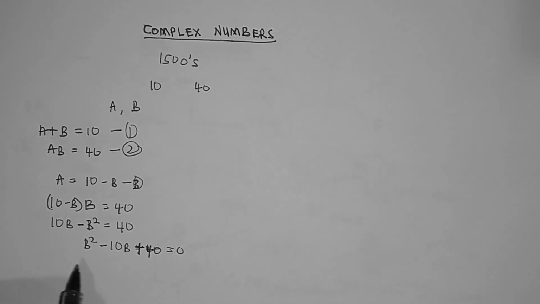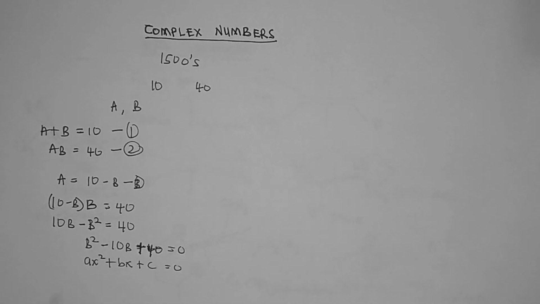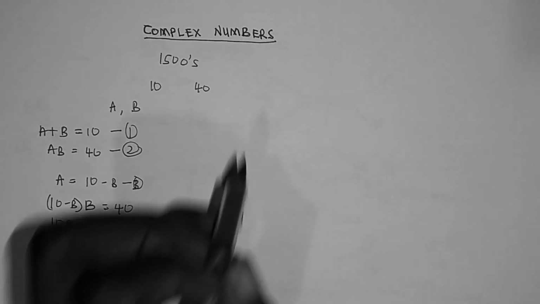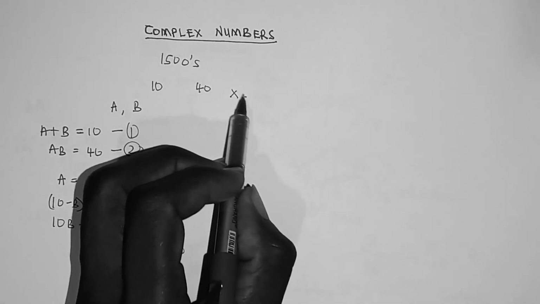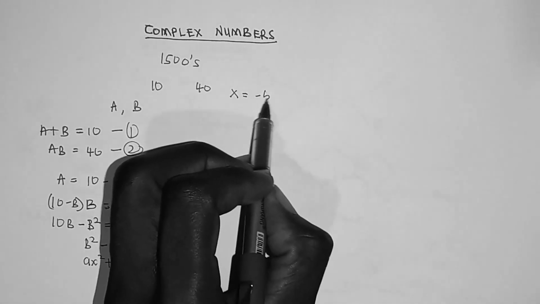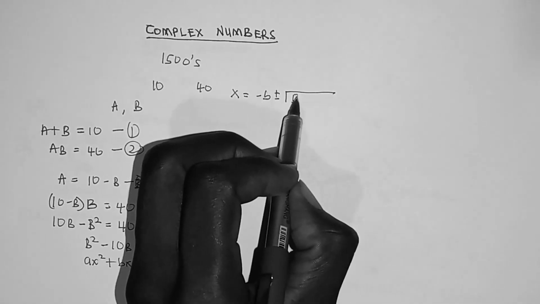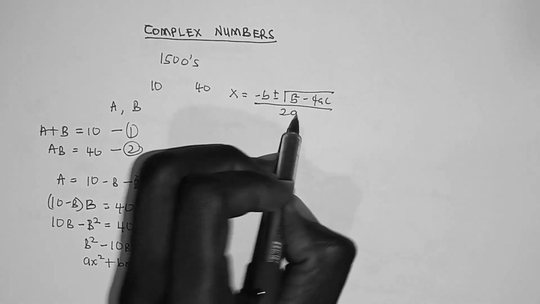You can see that this equation is of the form ax squared plus bx plus c equals 0. So we need to use the quadratic formula. The quadratic formula says that x is equal to minus b plus or minus square root of b squared minus 4ac, all divided by 2a.